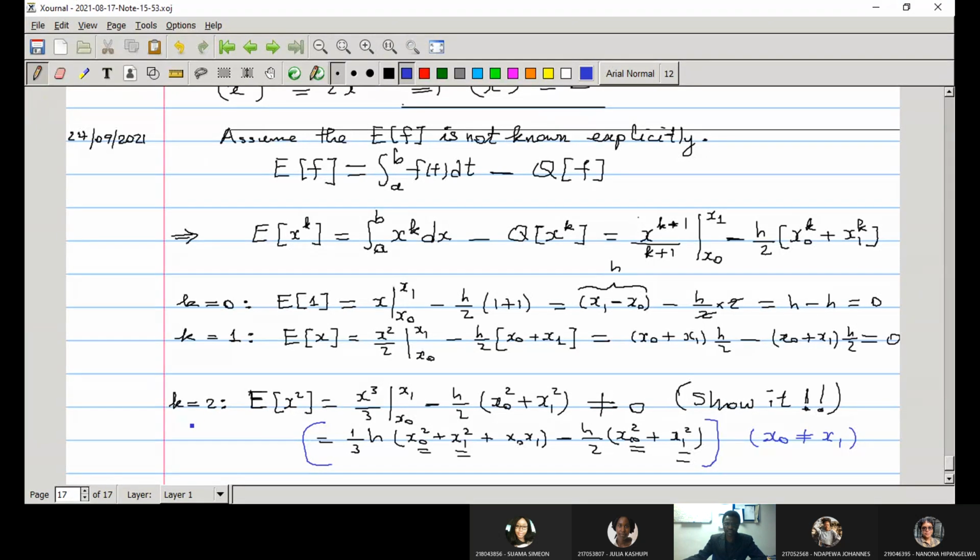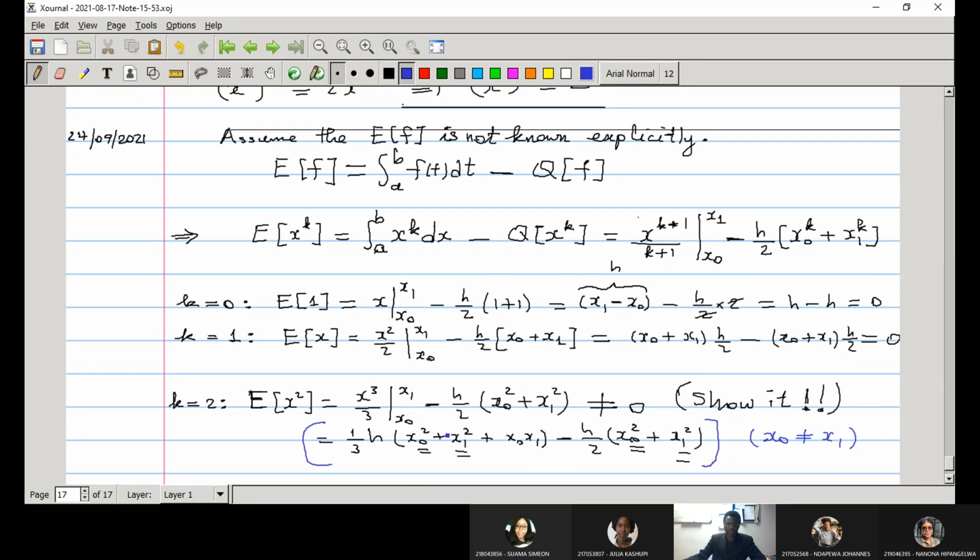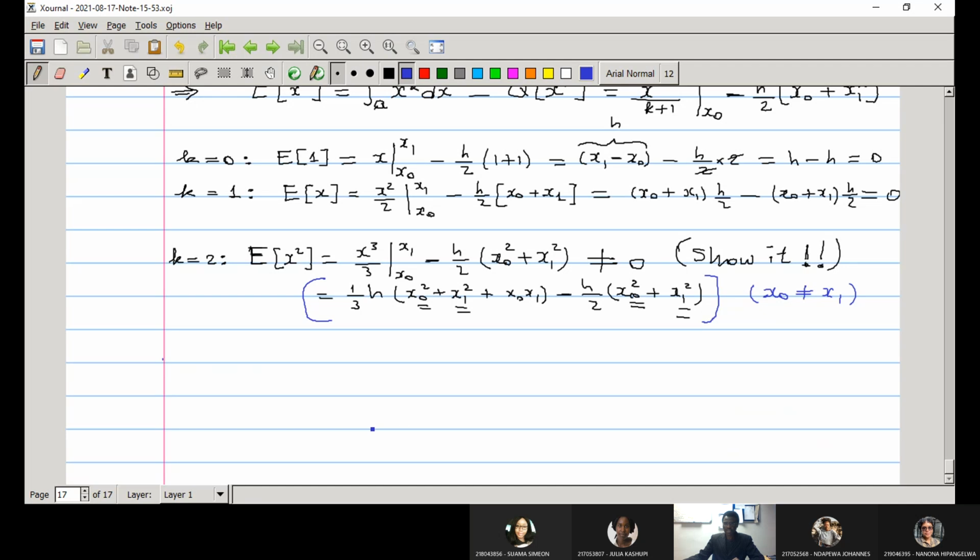You show that E of x to the k will be 0, and then E of x to the n plus 1 is non-zero. Okay, so I hope things are clear now. Now we'll move to the next. We'll proceed with the next section.